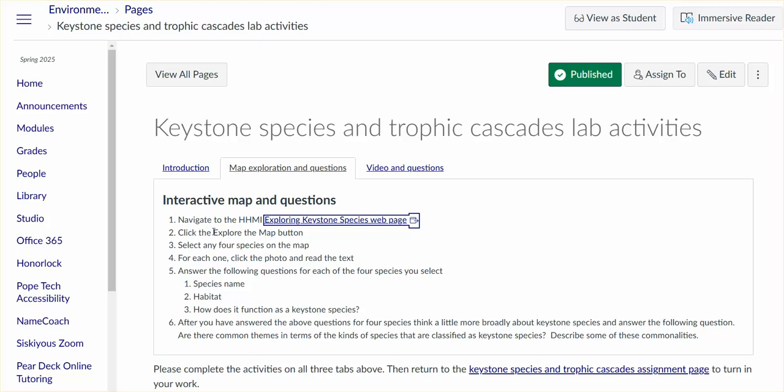I'm asking you to explore this map, select any 4 species, and click on it, read the text, answer the following questions for each of the 4 species you select. So we want to know the name, the habitat, and how it functions as a keystone species. So we're getting to know some keystone species.